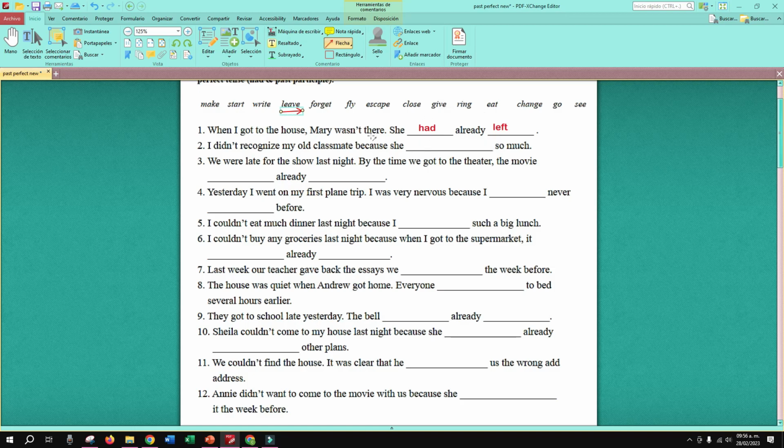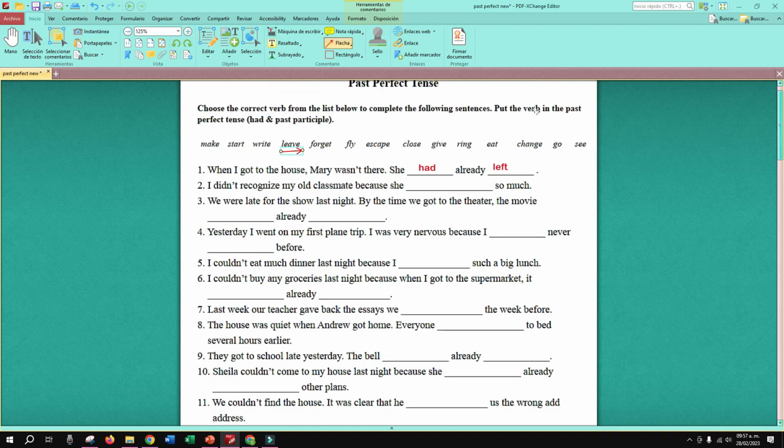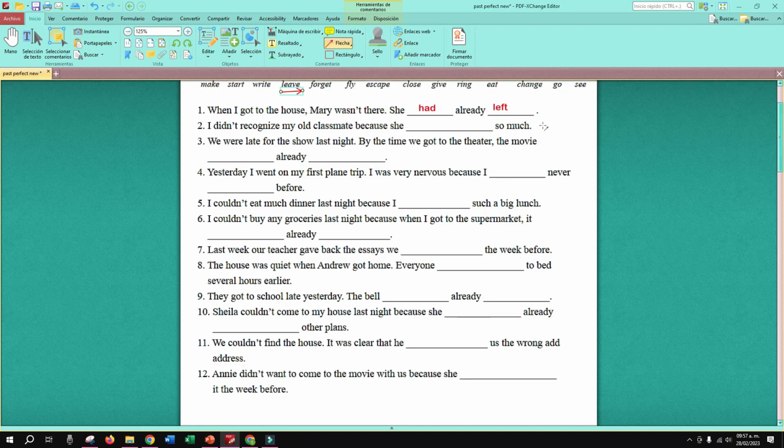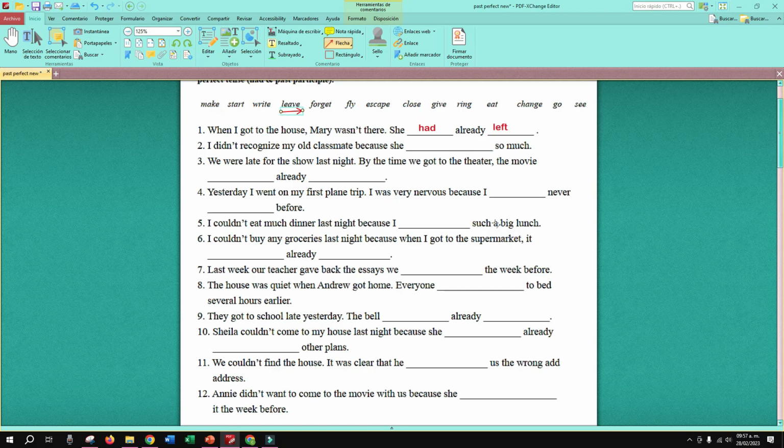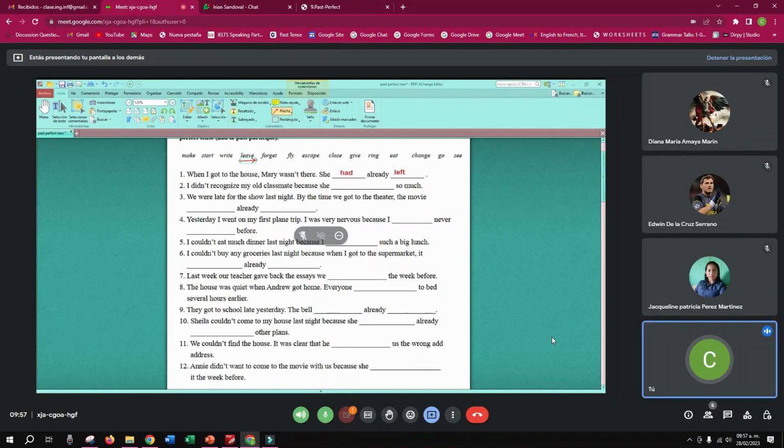So you're going to choose the correct verb here to complete those sentences, right? So there you can use the past perfect tense, right? So you're going to have around 4 minutes for you to work on those sentences.